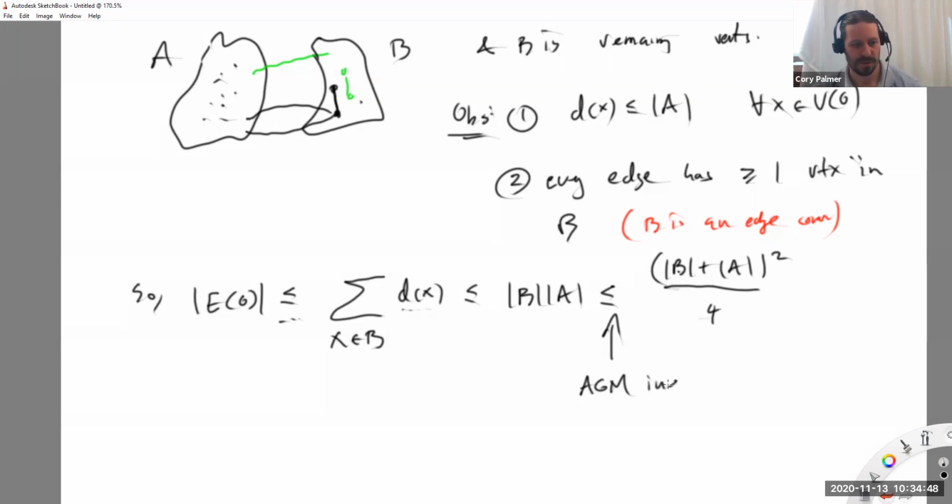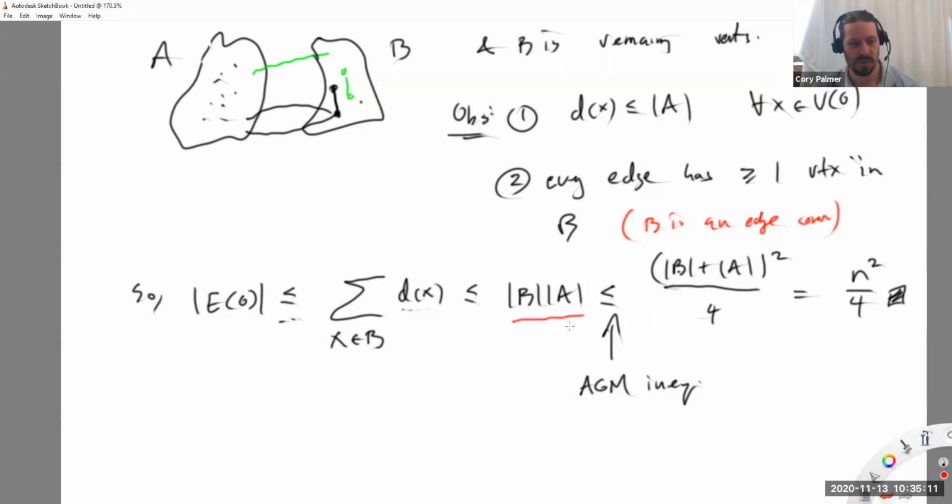So AGM inequality, but you don't even actually need that. So let me just finish here. AGM inequality says this, and then what's the size of B plus the size of A? That's n. All the vertices are in A or B. So this is n squared over 4, and that ends the proof there, okay? But you don't have to use AGM if you don't want to.